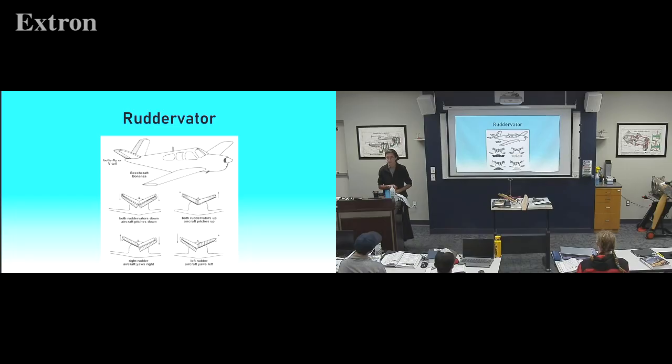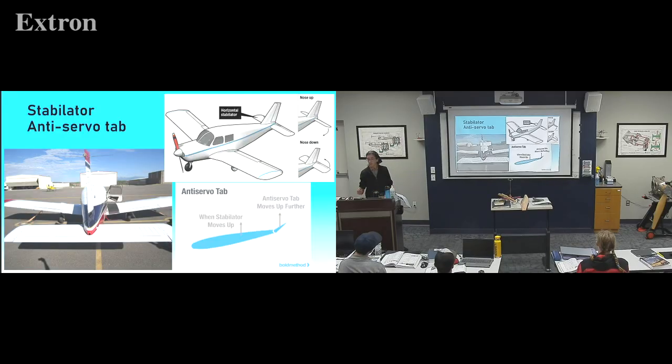Can you just clarify the anti-servo tab? That's just so that you don't have to move the whole thing, which would cause more stress, or? No, it's just to increase control feel. As you pull back or push forward, the air's coming over, it's deflecting air onto that tab. If it didn't do that, it would be too easy to move.